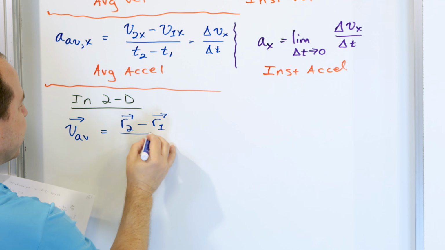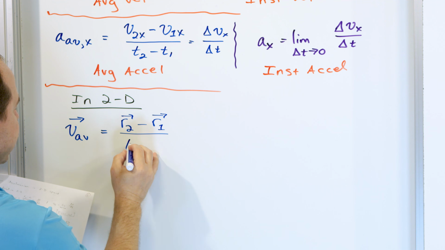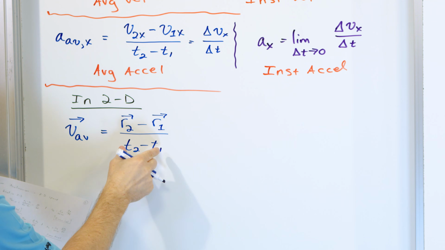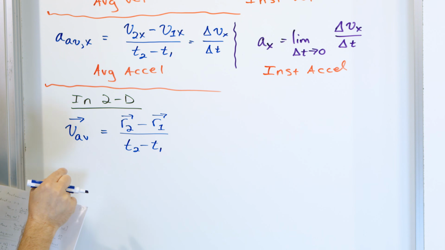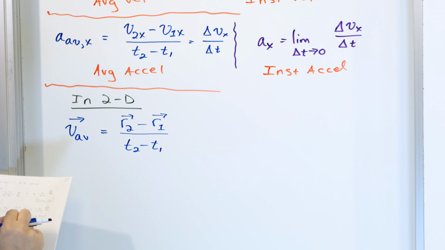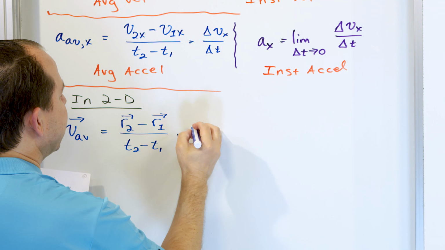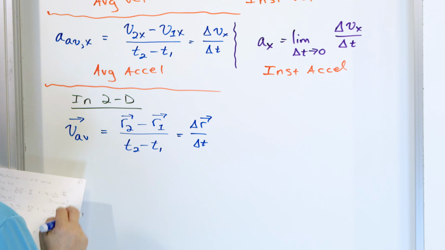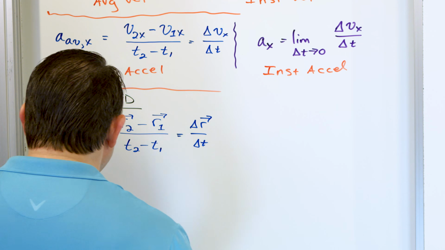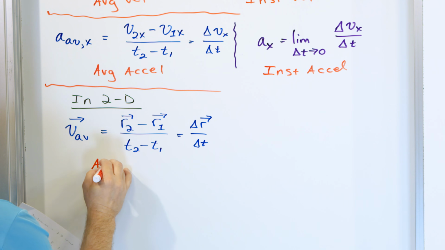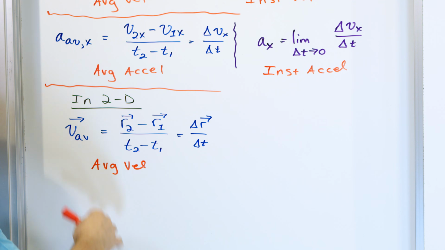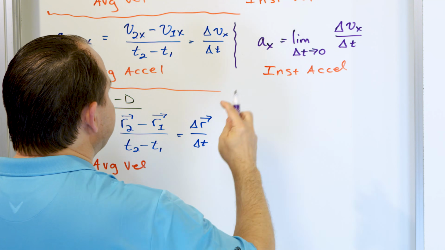And we talked about how to subtract those vectors, and then we said final time minus initial time. So it's the change in position divided by the change in time, but they're just vector positions, and whenever you do that, you get a vector velocity. Now, the shorthand way of writing it is delta r over delta t. So we did this in the last lesson, right? And this we called average velocity. And we say that this is the average velocity in 2 dimensions.